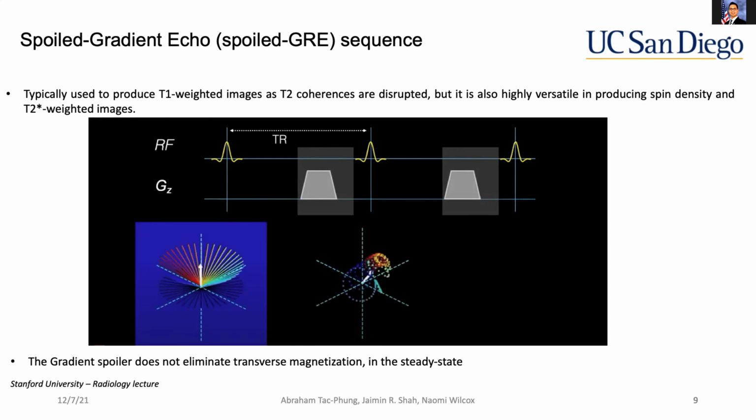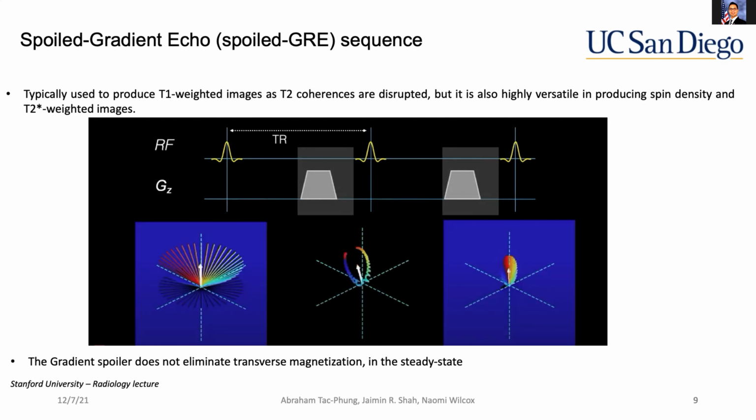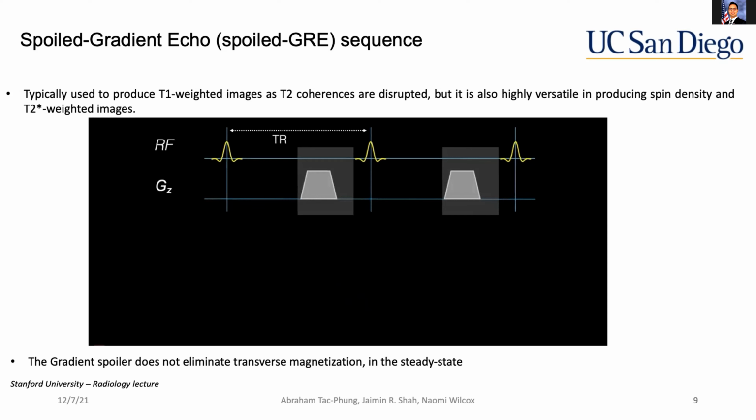This SS is actually a familiar SS because the magnetization has a distribution within the plane before and after the RF pulse. Here is the RF pulse, and before and after the RF pulse it's in an elliptical motion, moving around. Also, keep in mind that the gradient spoiler does not eliminate transverse magnetization in the steady state. Okay.